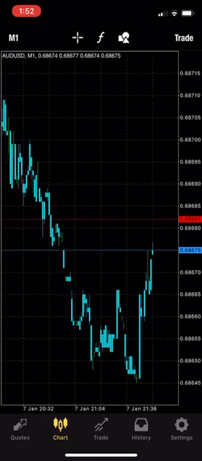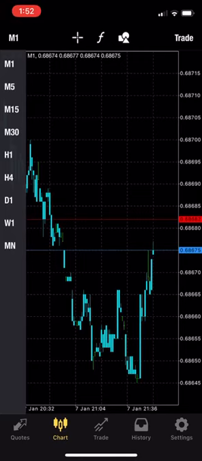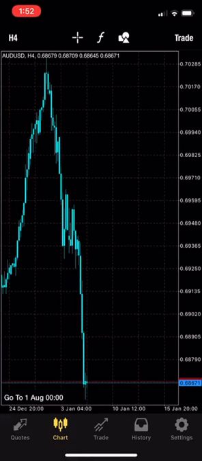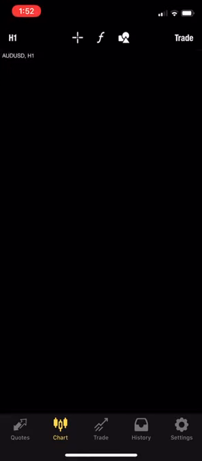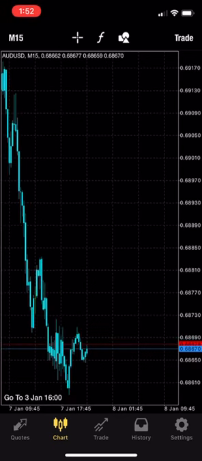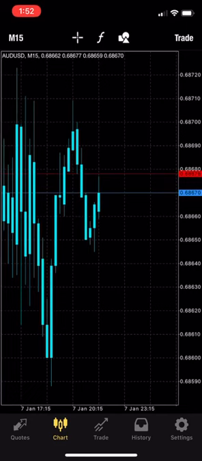In the top left corner, you'll see M1, which is a 1 minute time frame. Then you have a 5 minute, a 15, 30 minute, 1 hour, 4 hour, 1 day, 1 week, and the month. At any time you can click between these time frames, and each candle on the chart is going to pertain to the specific time frame that chart is in.